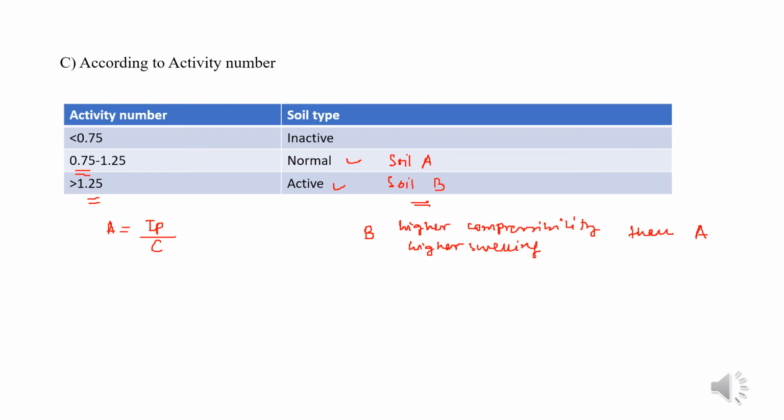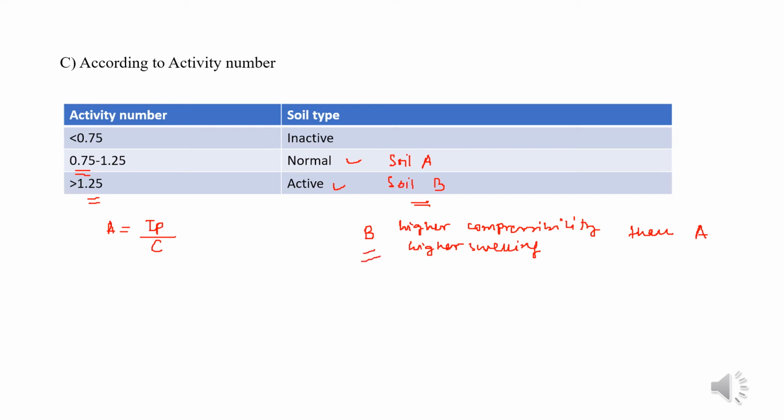So it's more susceptible to shrink or swell than soil A. So we can easily get an idea about the engineering performance of the soil.